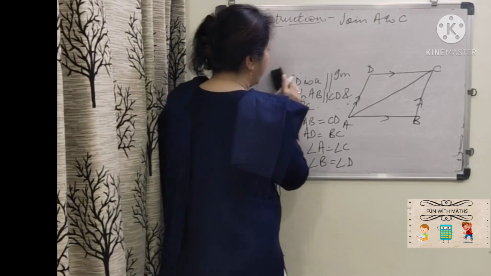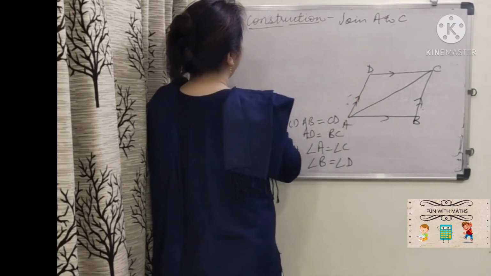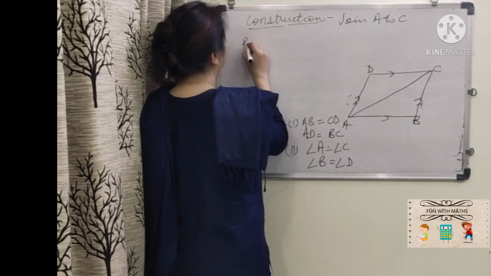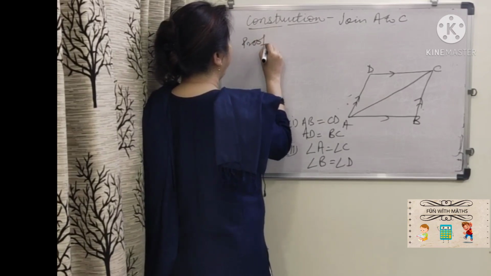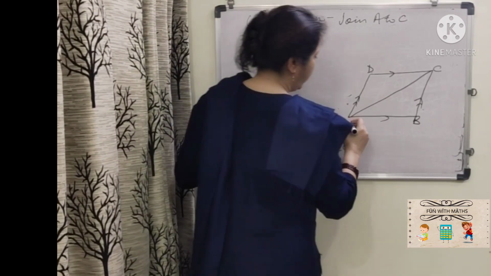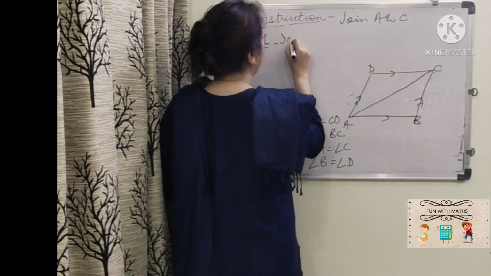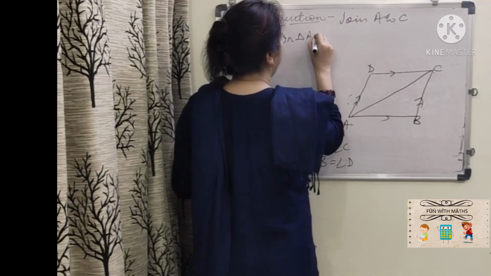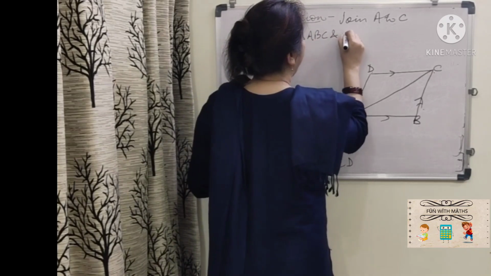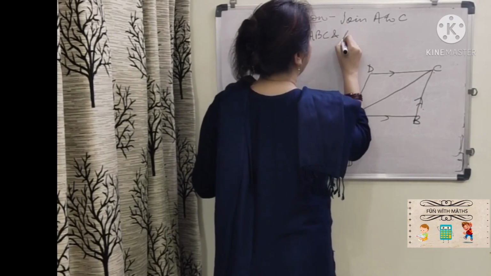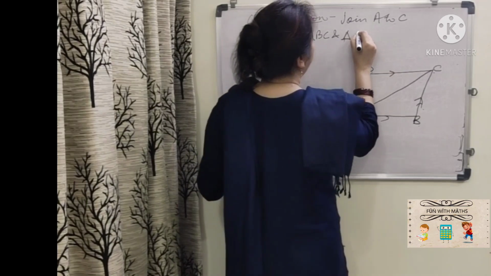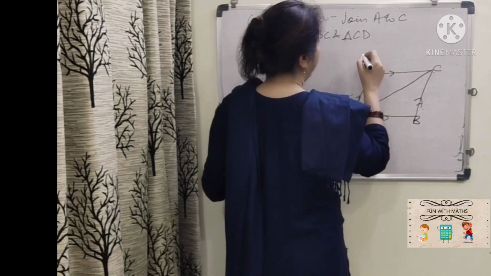So we will write the heading proof. We will take triangle ABC and triangle CDA.